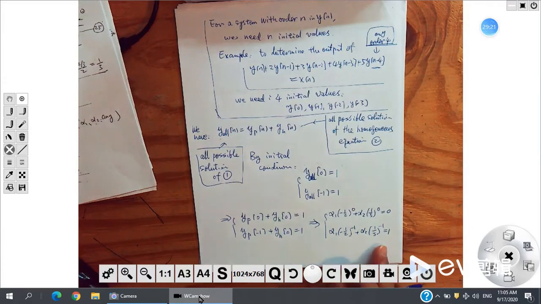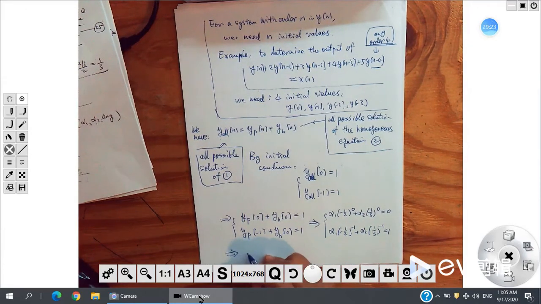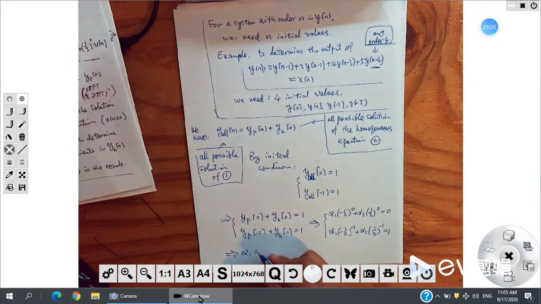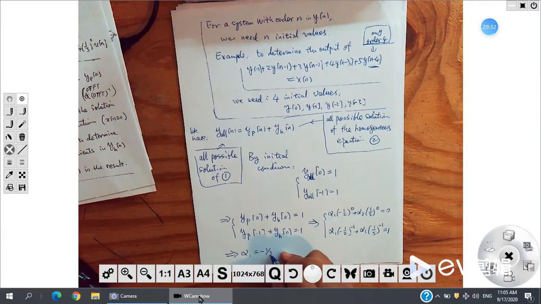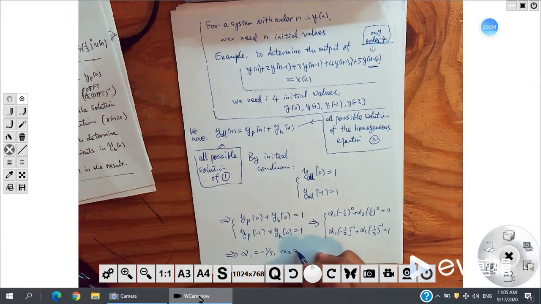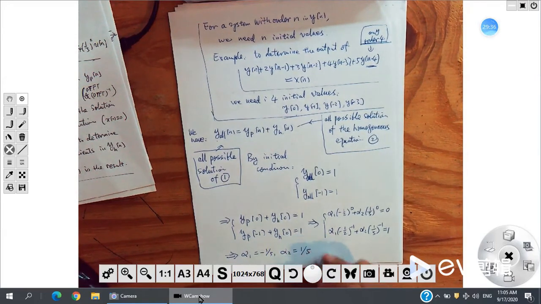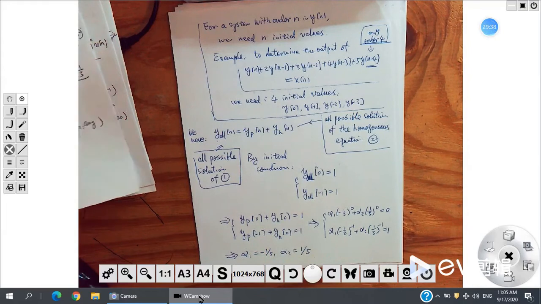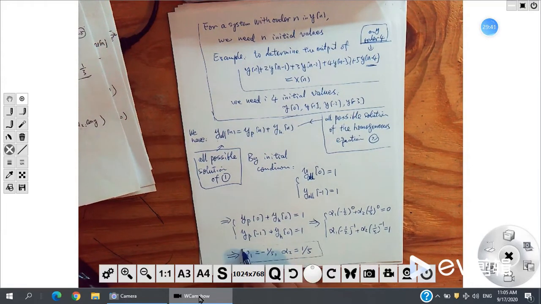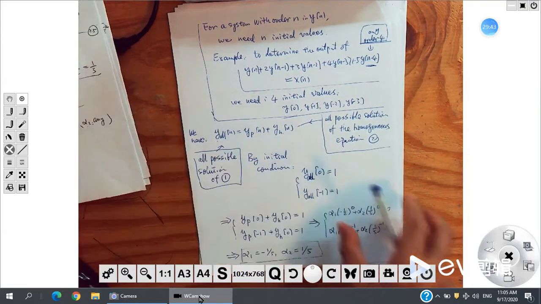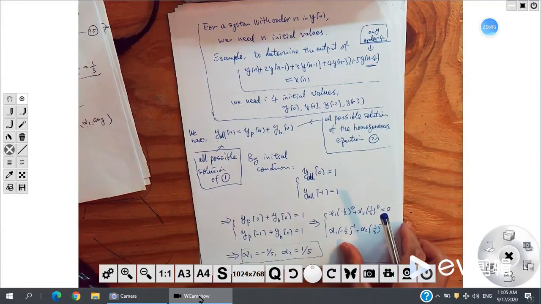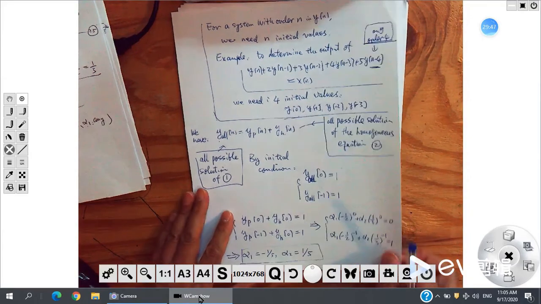We already have this. And then we have alpha 1 is negative 1/5 and alpha 2 is positive 1/5. So we have this. Then we can determine the final answer.